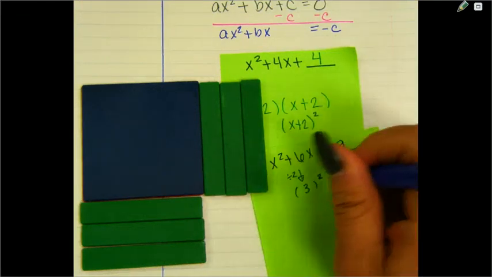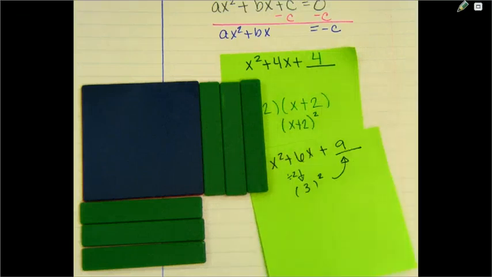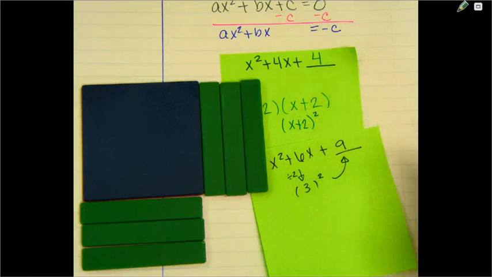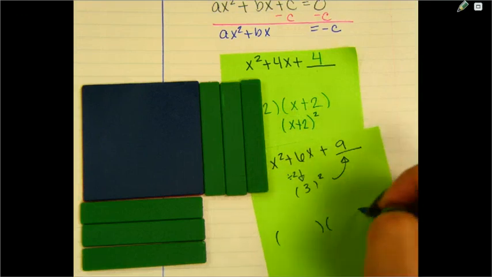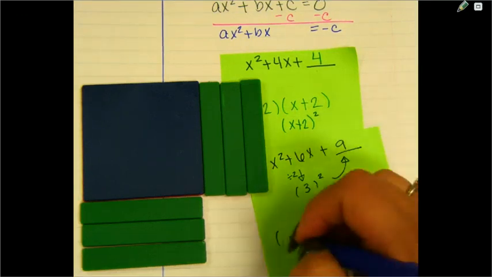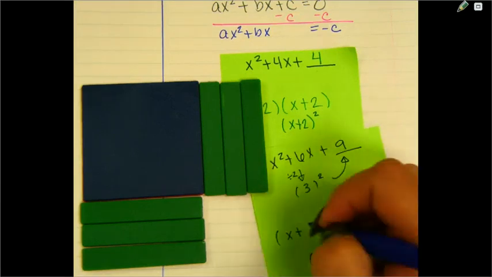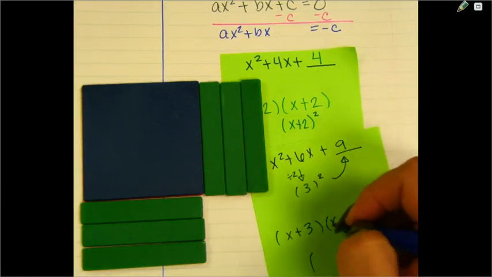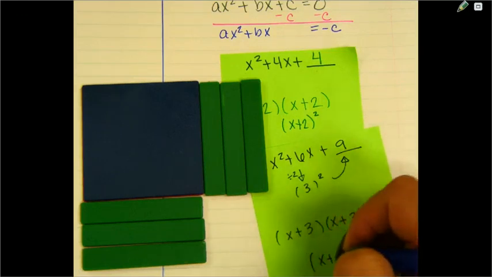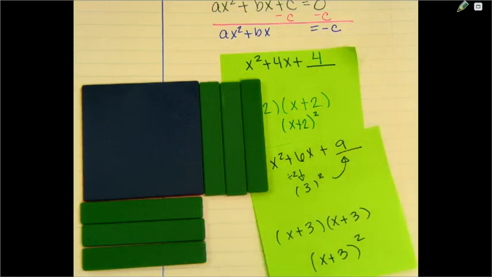So you squared that to get what? 9. Remember? We did this over and over again, right? Okay. So what are my 2 binomials? X plus 3 and x plus 3, which is x plus 3 what? Squared. Yes? This kind of makes sense, remember?